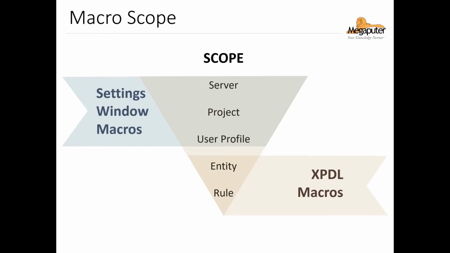Well, the entity macro will overwrite the old myMacro on the project level, and so it'll use the one with the most narrow scope. So the further down you are in this pyramid towards the tip at the bottom, the more precedence you have in applying it. This is if you had macros of the same name. If you have different names, then it doesn't matter.